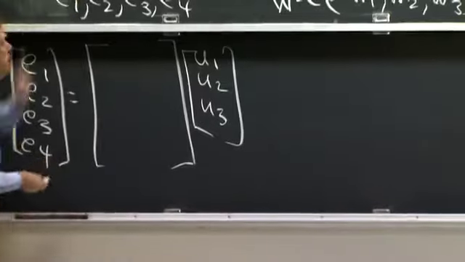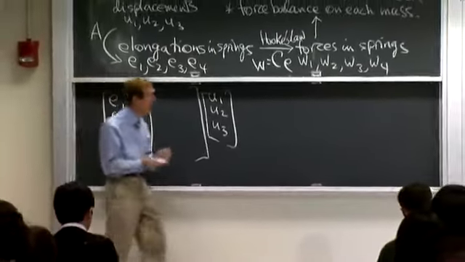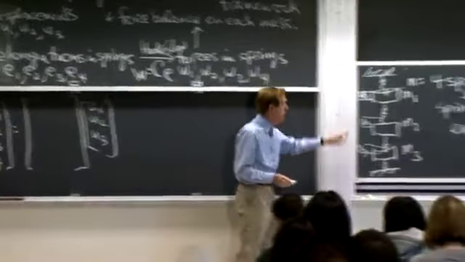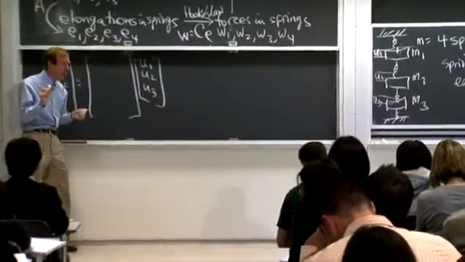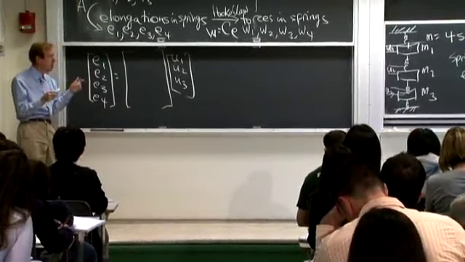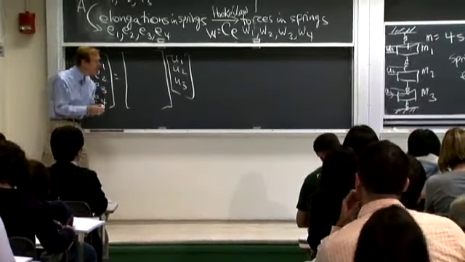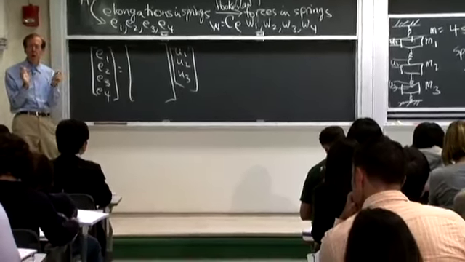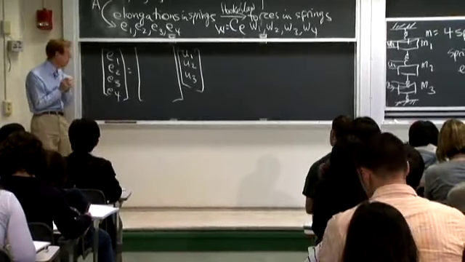And you told me what is the stretching in spring 2. The stretching in that second spring, the amount it's made longer by the action of gravity, was U2 minus U1.